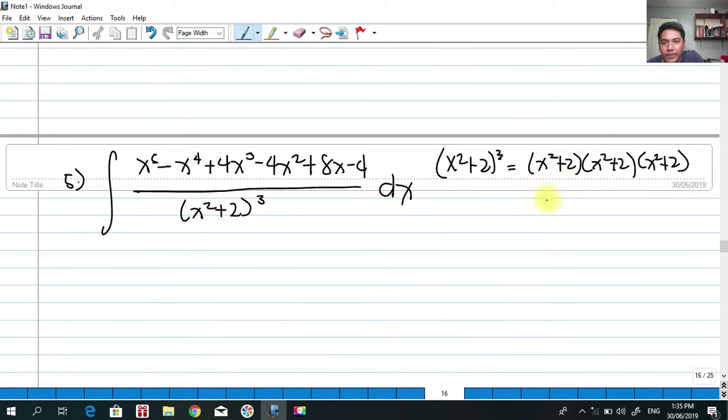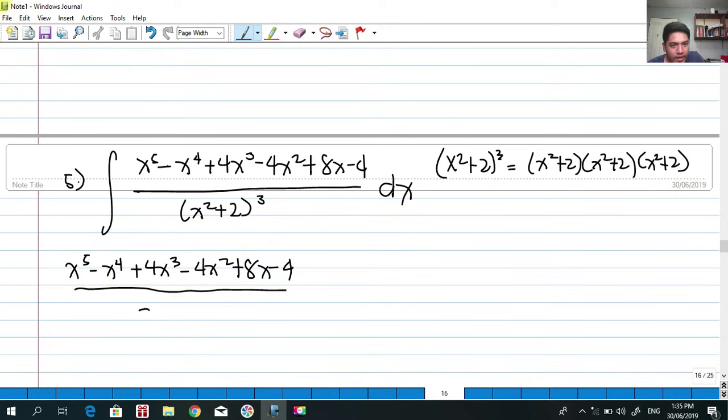Rather, we can decompose x raised to 5 minus x raised to 4 plus 4x cubed minus 4x squared plus 8x minus 4 over x squared plus 2 raised to 3. So this is a repeating case.